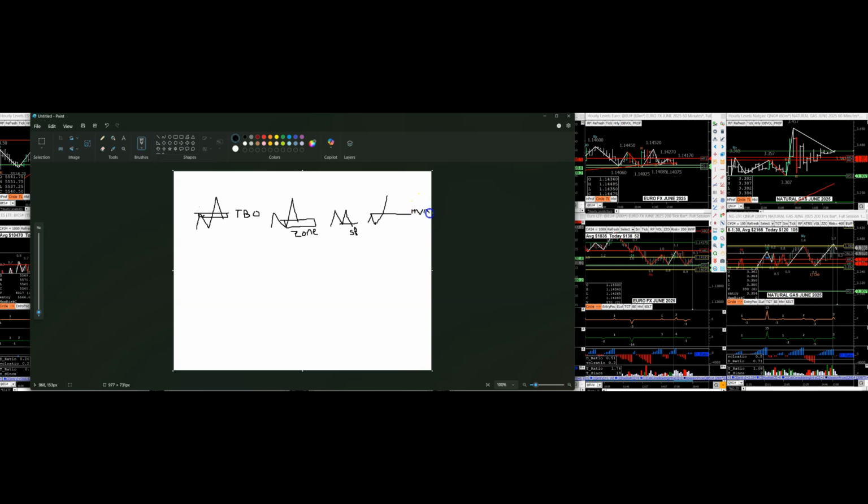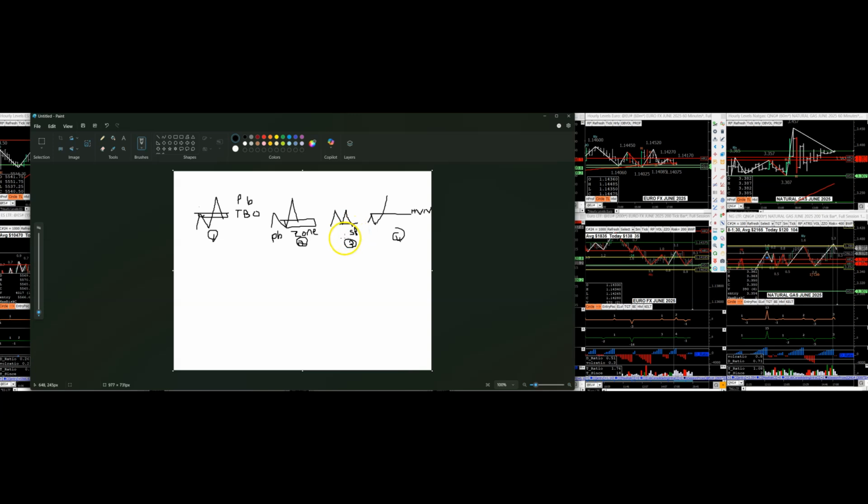And high volume nodes. So this is situation 1, situation 2, situation 3, and situation 4. So, pullback to a zone. Is the pullback to look to buy pullback here, or pullback to test the breakout?